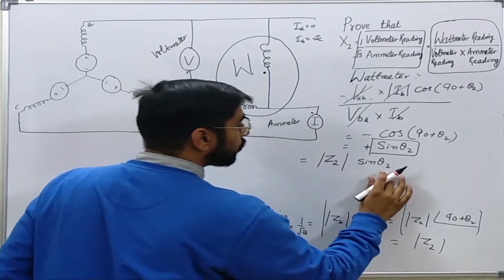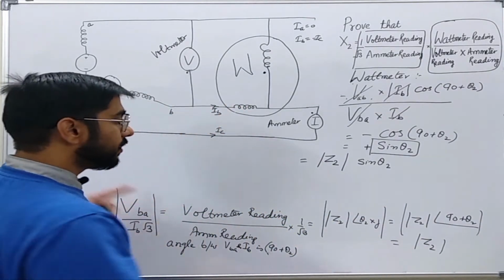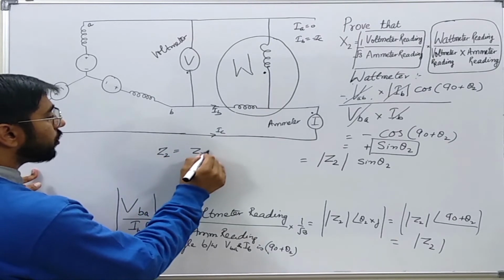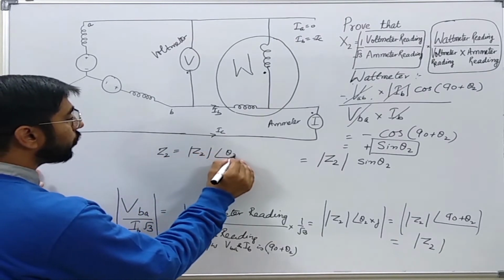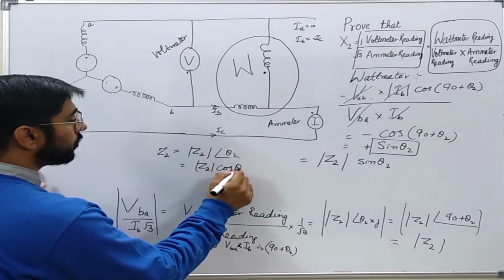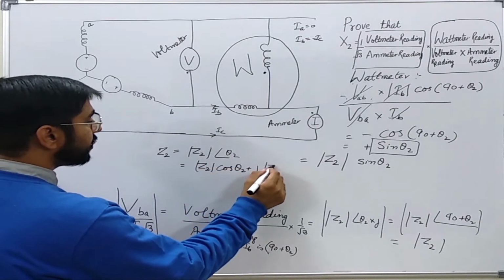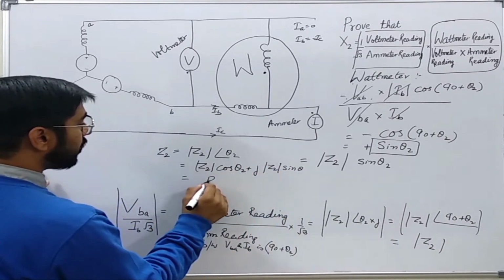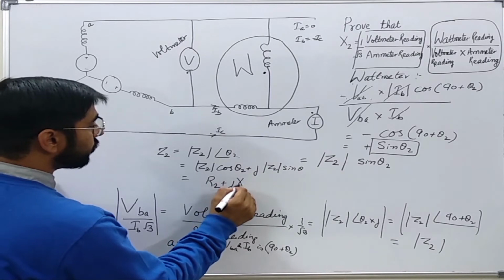So now Z2 sine theta 2, what is it? We can easily see that Z2 is written as Z2 angle theta 2, which is Z2 cos theta 2 plus j Z2 sine theta 2, or it is equal to R2 plus jX2.